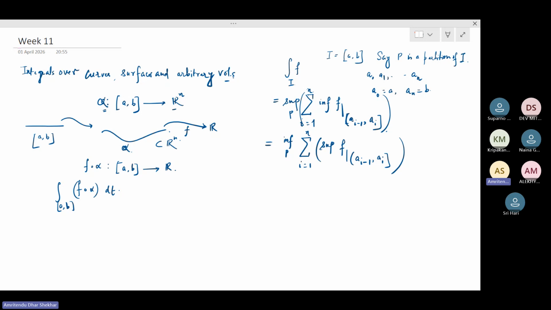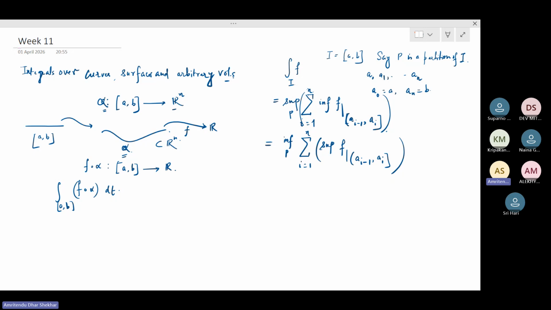Why is this not well defined? Because it depends upon the choice of parameterization of alpha. Think of alpha as a subset of R^n, a curve. You could have multiple such parameterizations of the same curve.